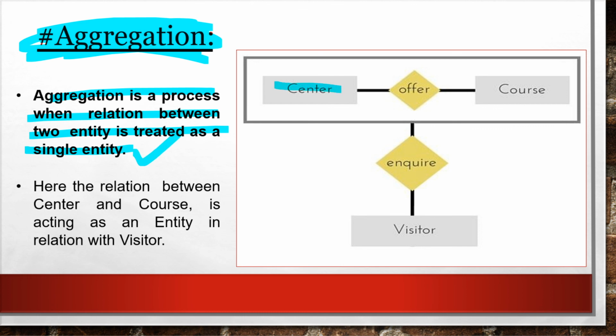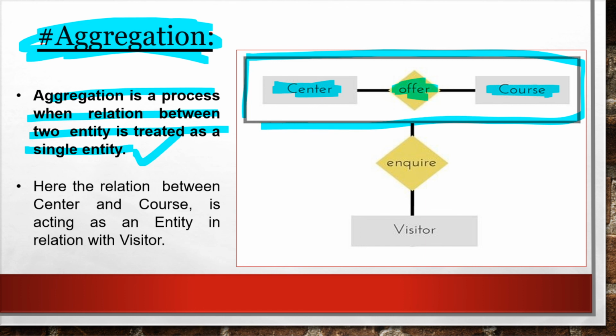Here the center is one of the entities and course is another entity, and they are linked through the offer relationship. So these two entities are linked through the offer relationship, and we can club them together to represent a single entity. Here we have clubbed these two entities together into a single entity.